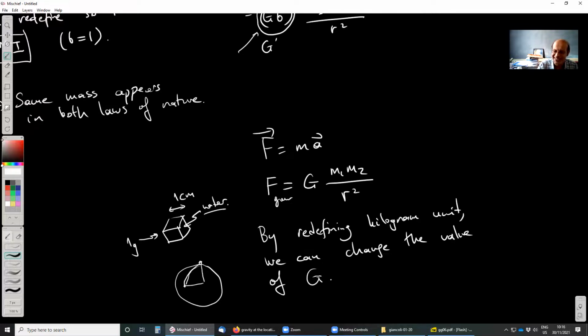The universal constant of gravitation somehow adjusts for the fact that we define the mass by some arbitrary means. We just put it there to make the formula correct, right?